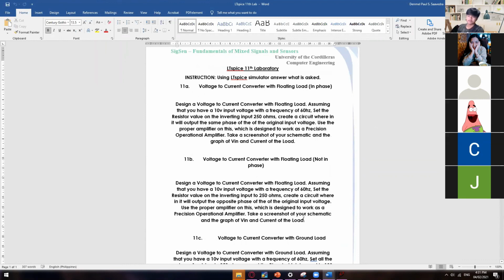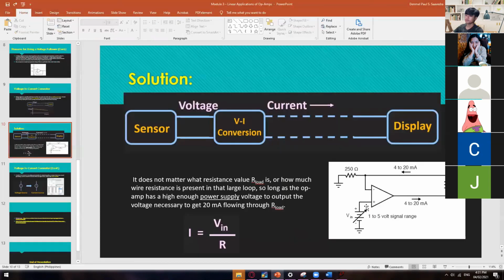So that's it for laboratory number 11. Any clarification so far? The one that we have in here is just a normal voltage to current converter. This is the default one.